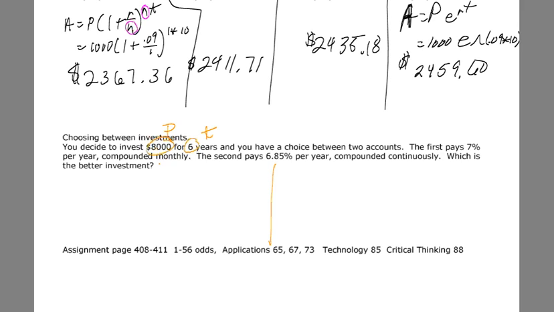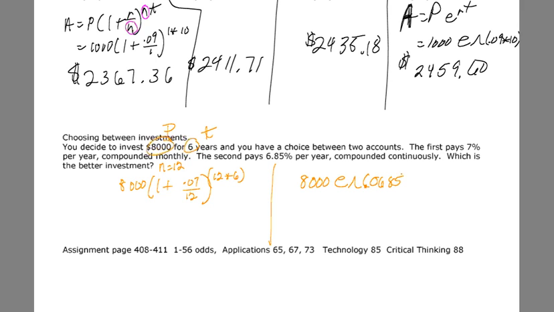So let's go with the monthly. N is equal to 12 when we're doing monthly. 8,000 times 1 plus interest rate 0.07 divided by N, which is 12, raised to the 12 times 6 power. If it's done continuously, it'd be 8,000 times E raised to the R, which is 0.0685.